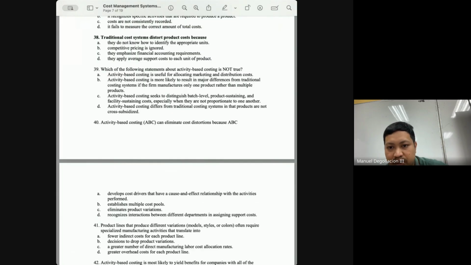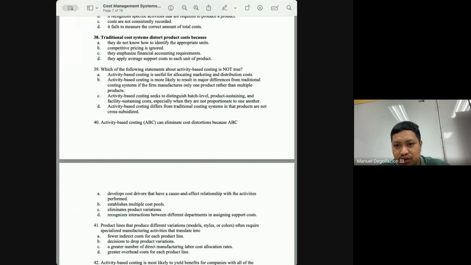Letter B, activity-based costing is more likely to result in major differences from traditional costing systems if the firm manufactures only one product rather than multiple products. This letter B is not true. The benefit of activity-based costing can be highlighted, class, if you produce several products.